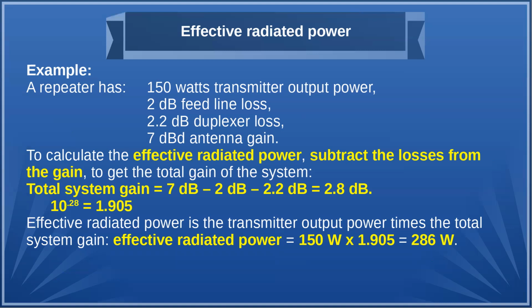So this is 10 raised to 0.28. Take 10 to the power of the dB divided by 10. Right, when you work the inverse, that's why it's 0.28 instead of 2.8.